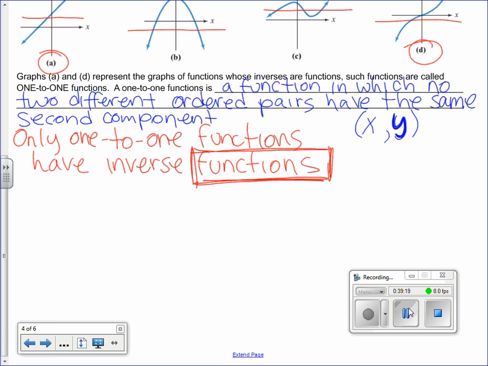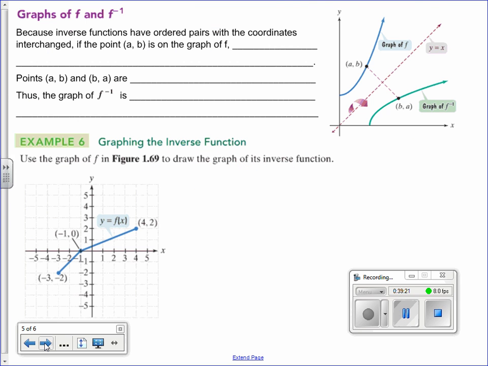All right, next slide. Here we have that reflection that we were talking about across that line, y equals x, the identity function.